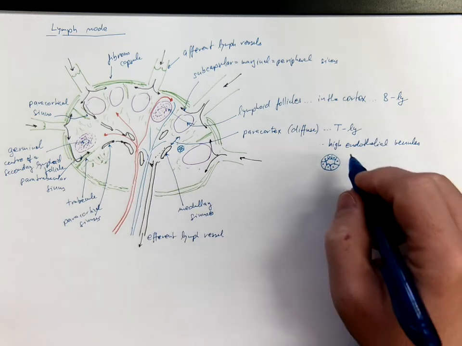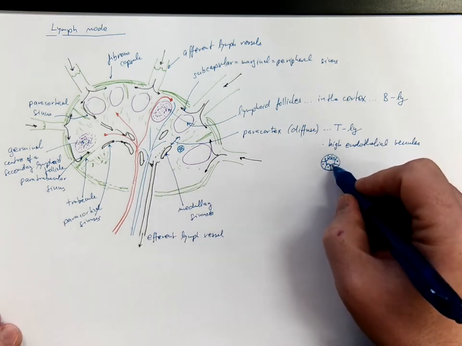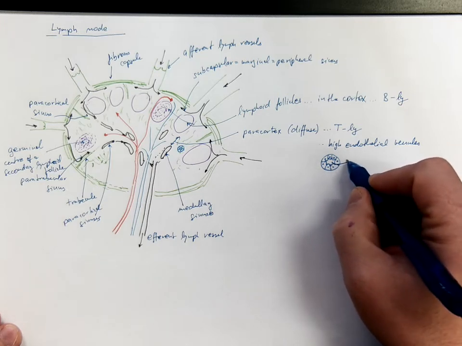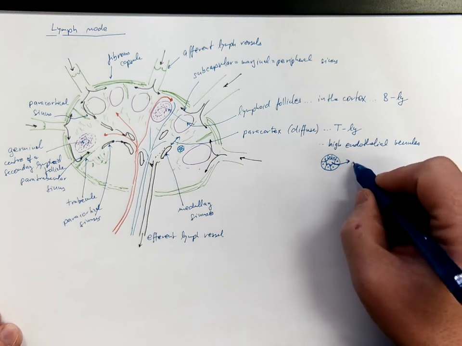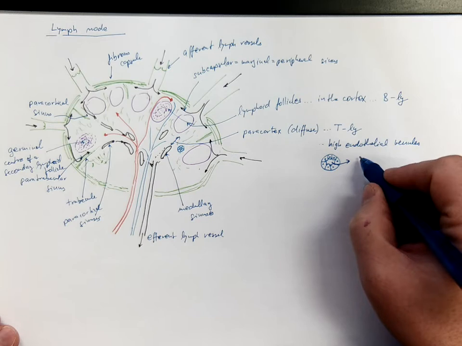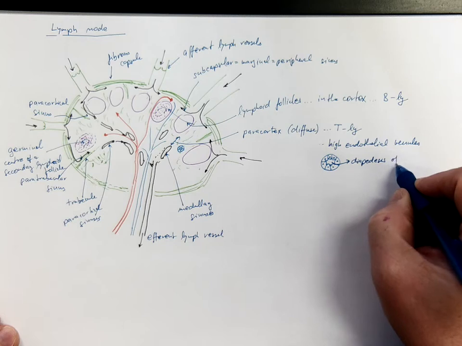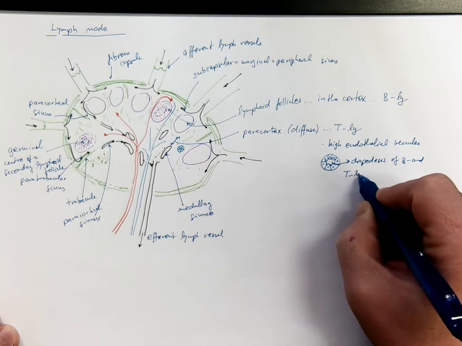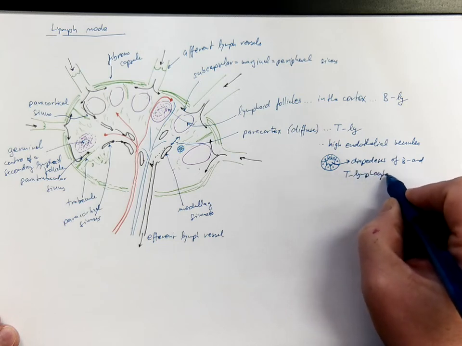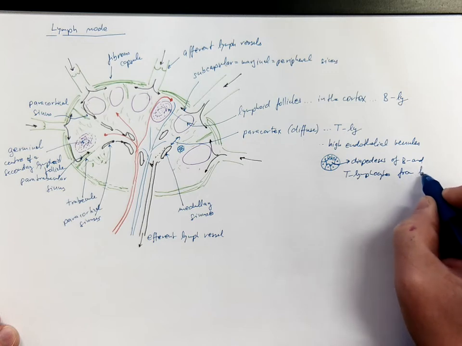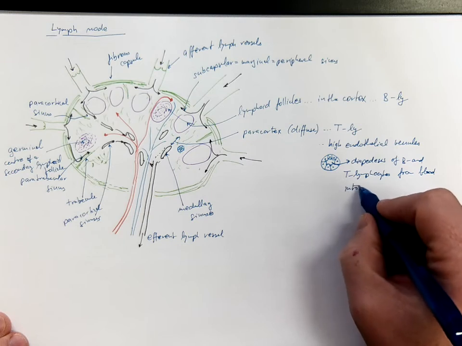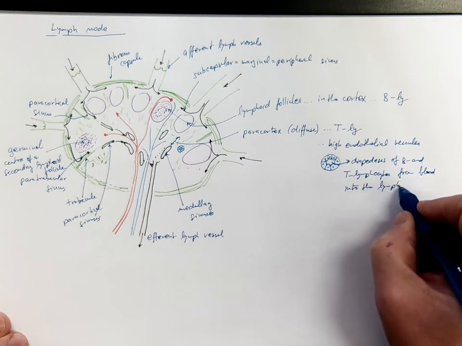But these endothelial cells express some molecules that promote the penetration or transport or diapedesis of B and T lymphocytes from the blood into the lymph node.